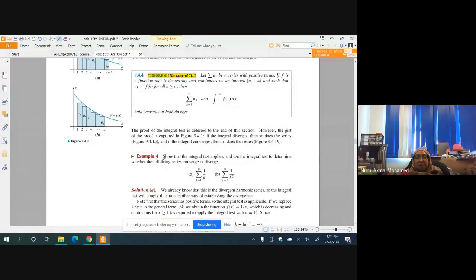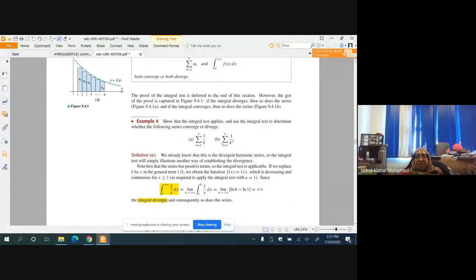Let's look at example 4. We want to use the integral test for this: the integral of 1 over x from 1 up to infinity. Since it is up to plus infinity, you have to take the limit as b tends to plus infinity, with the upper limit replaced by b, of 1 over x dx.